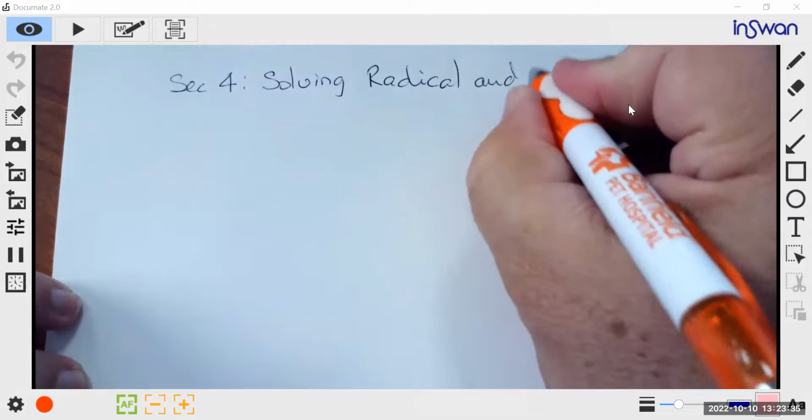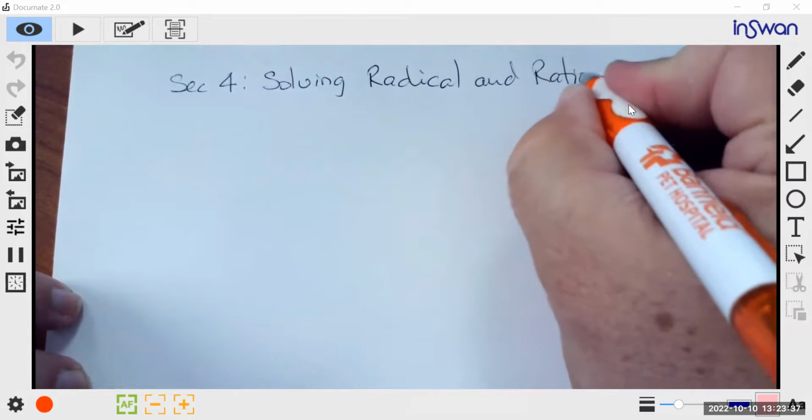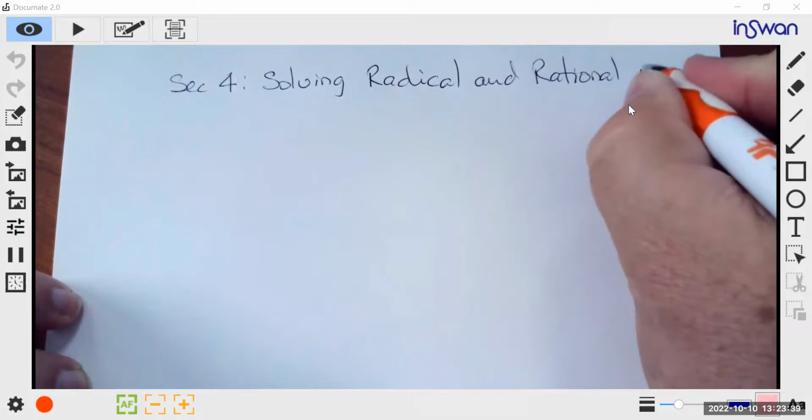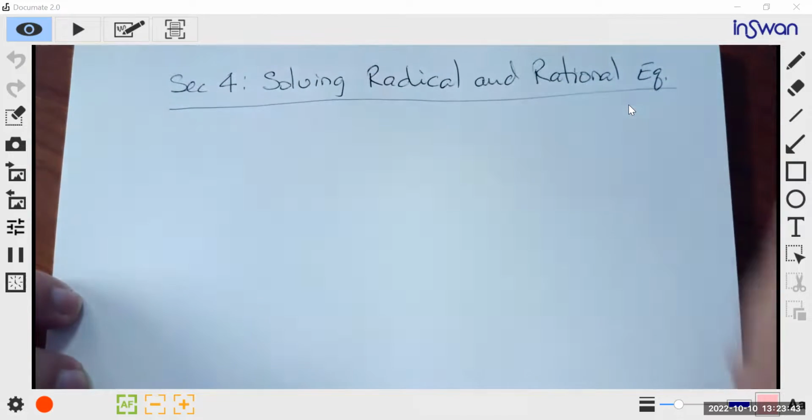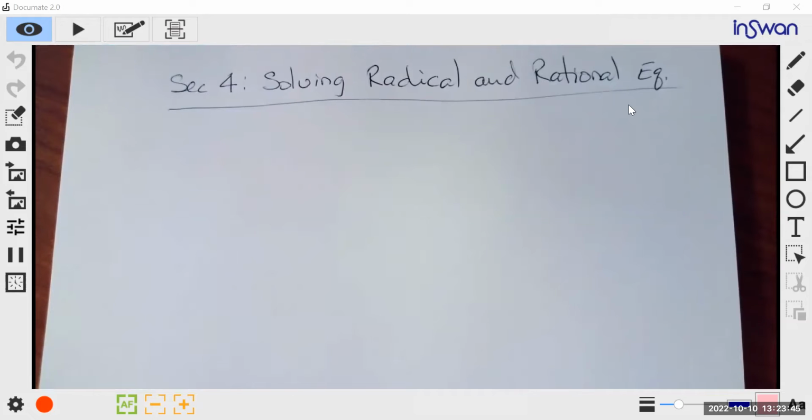Solving radical and rational equations. What's the difference?